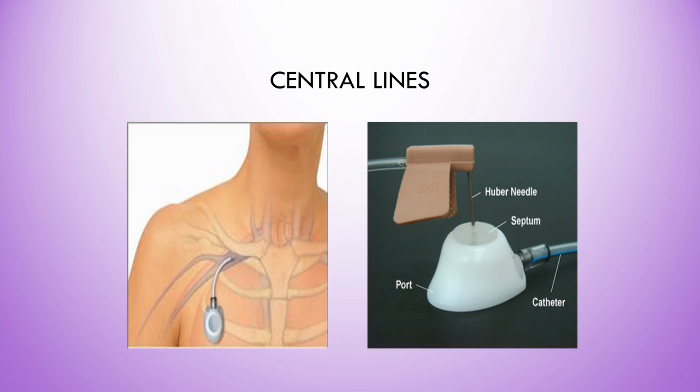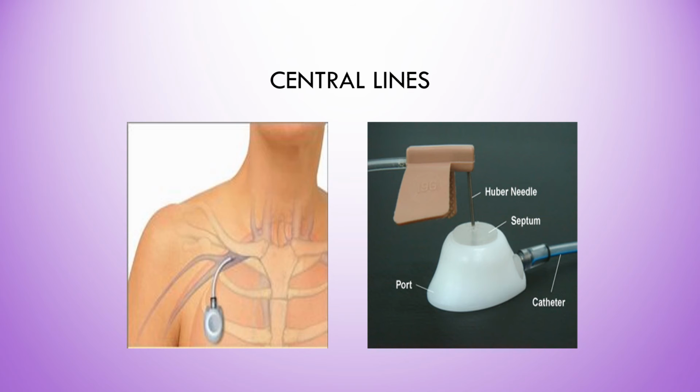This picture is of a port. It is surgically placed underneath the skin, and it goes into the subclavian vein. And it has a self-healing type of membrane on the top of it. We will be accessing it with a needle called a Huber needle, and it's actually at a straight 90-degree angle down.